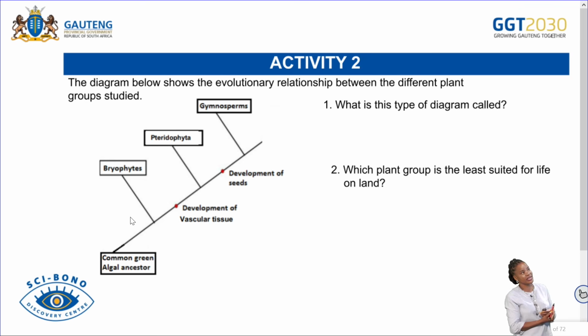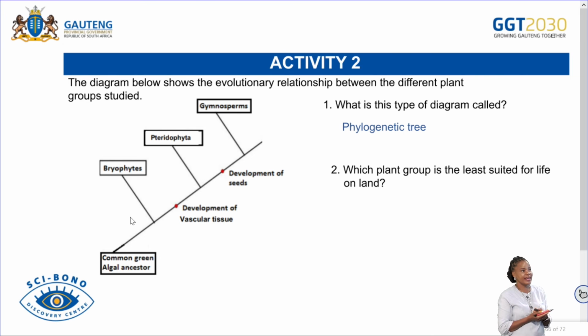The first question says, what is the type of diagram called? This is not the first time you are getting this question, which asks for the name of the diagram. This type of diagram is called a phylogenetic tree.